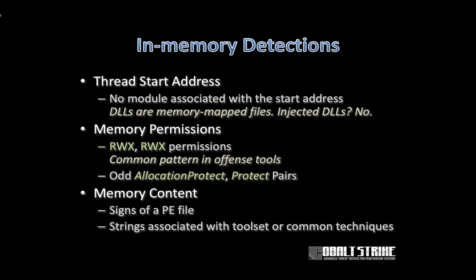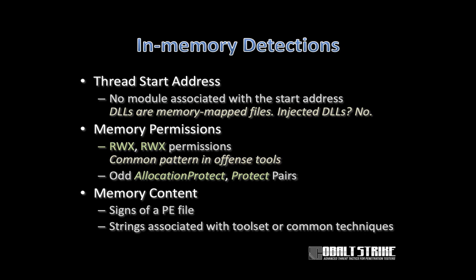This is because the program itself is loaded as a memory mapped file, and the DLLs it loads are memory mapped files. Memory injected DLLs are usually not memory mapped files, and so if a thread is created without any extra care, it will stand out for this purpose.